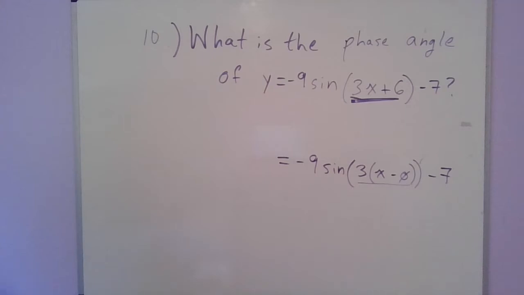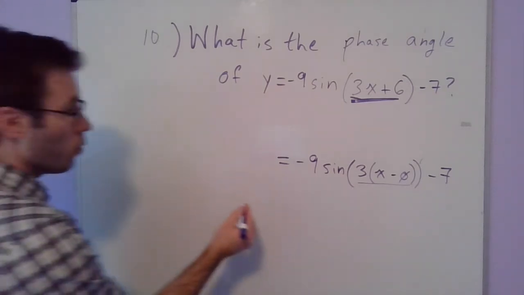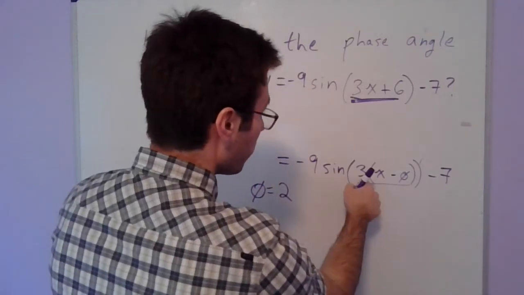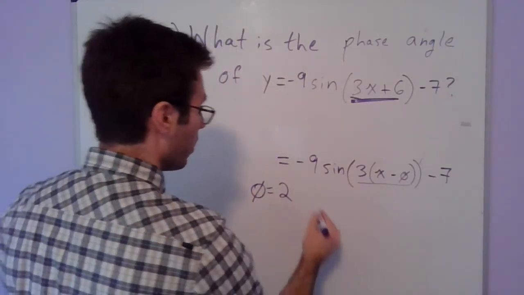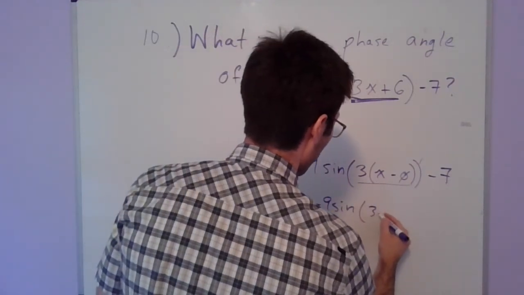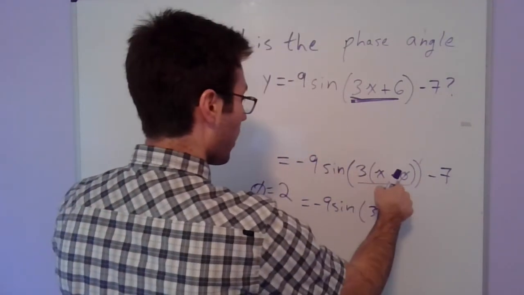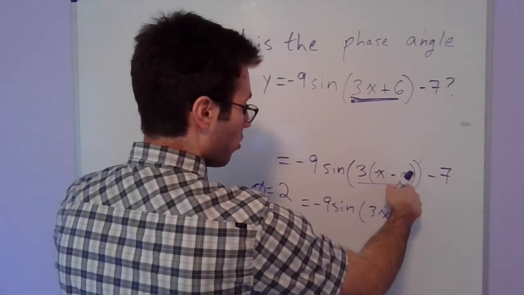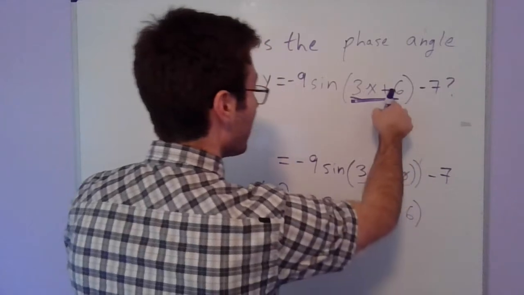Now, what would happen if phi was equal to 2? If phi was 2, you would get -9 sine of 3x, 3 times a -2 would be -6, but we need that positive.